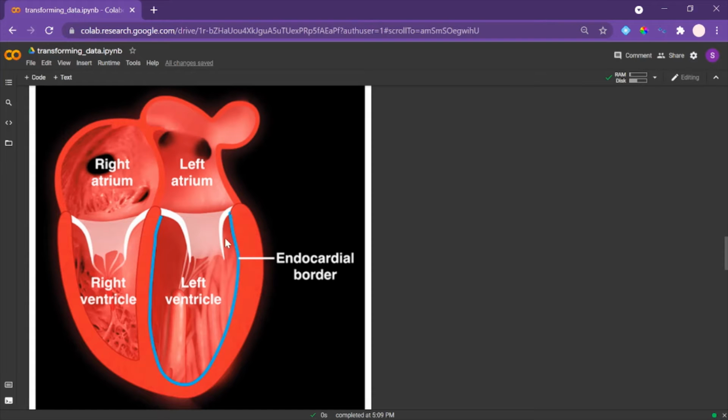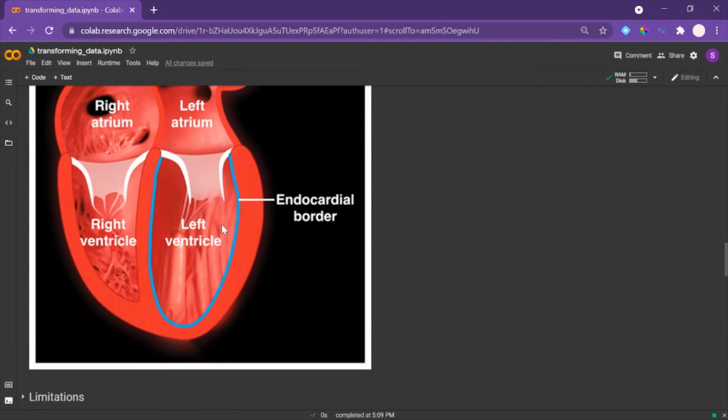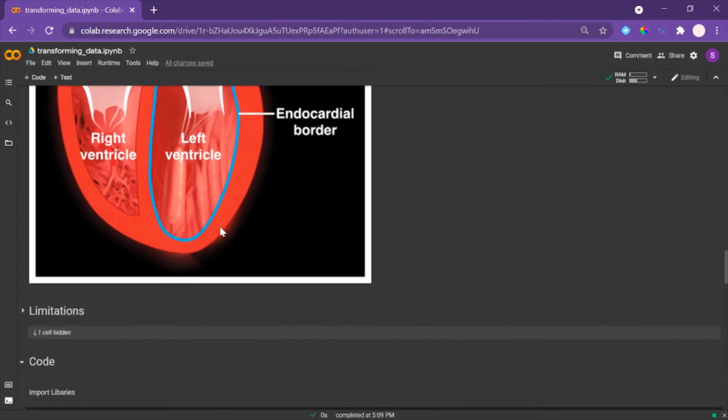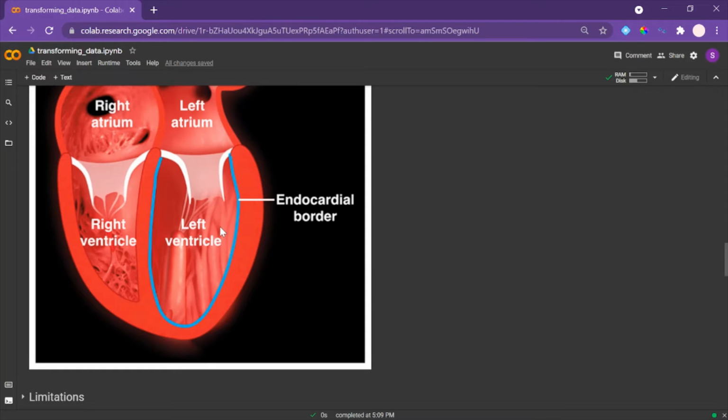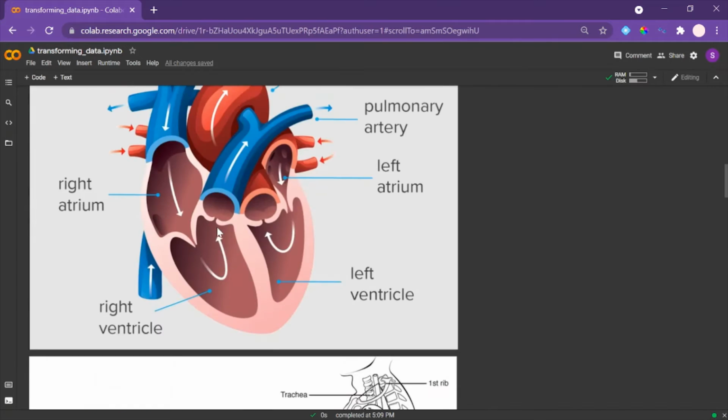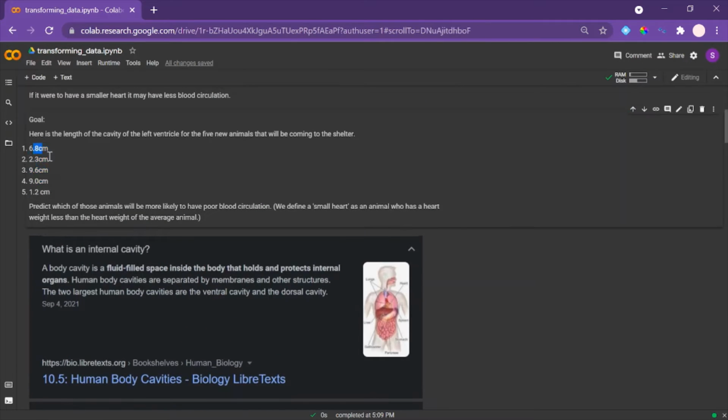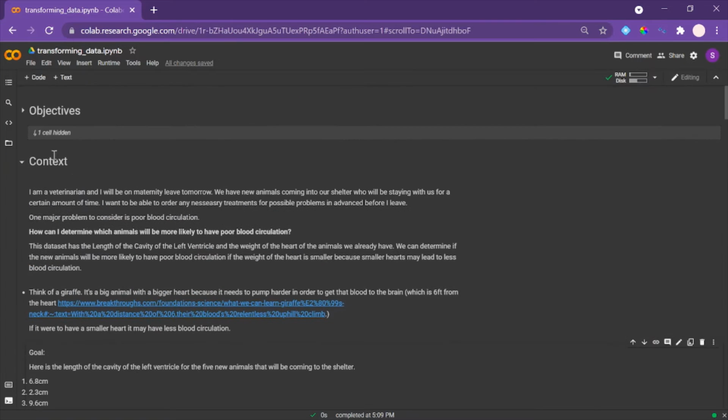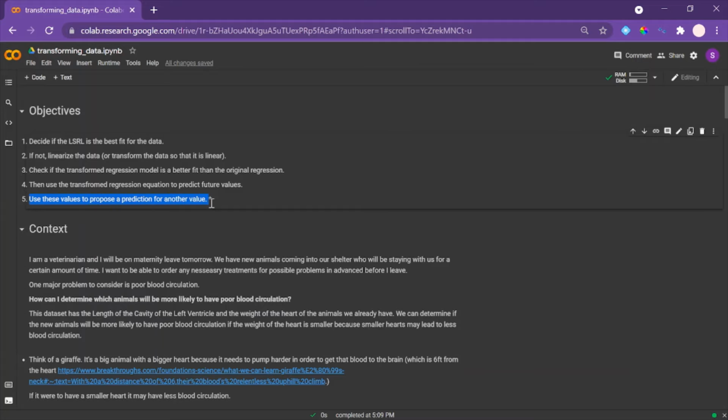We're measuring the left ventricle, seeing that it has a relationship with the heart weight, and we're going to use that relationship to predict the heart weight for these animals here that were given their measurements already. Then we're going to see, based on the results at the end, just by eyeballing it, basically what I was saying in part 5: we're going to use these values to propose a prediction for another value. So in this case, we're going to use the predicted heart weights, right?